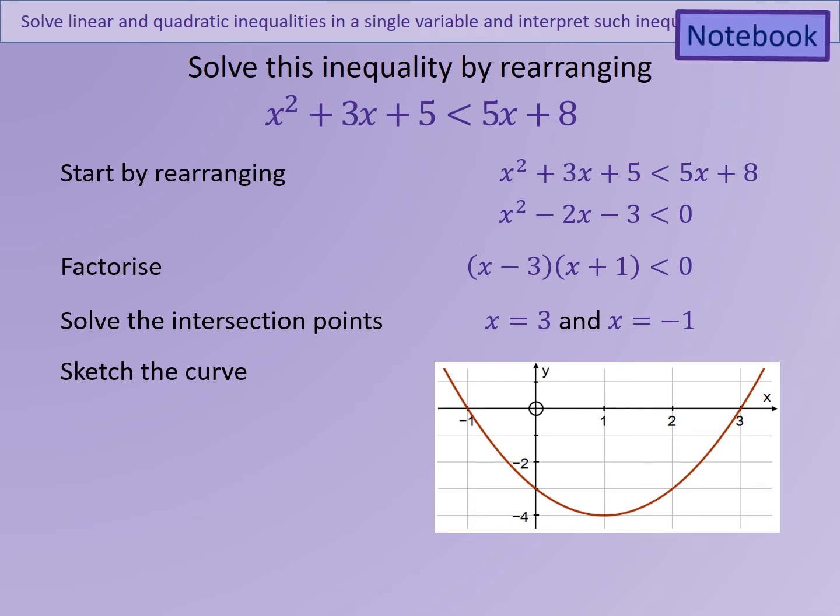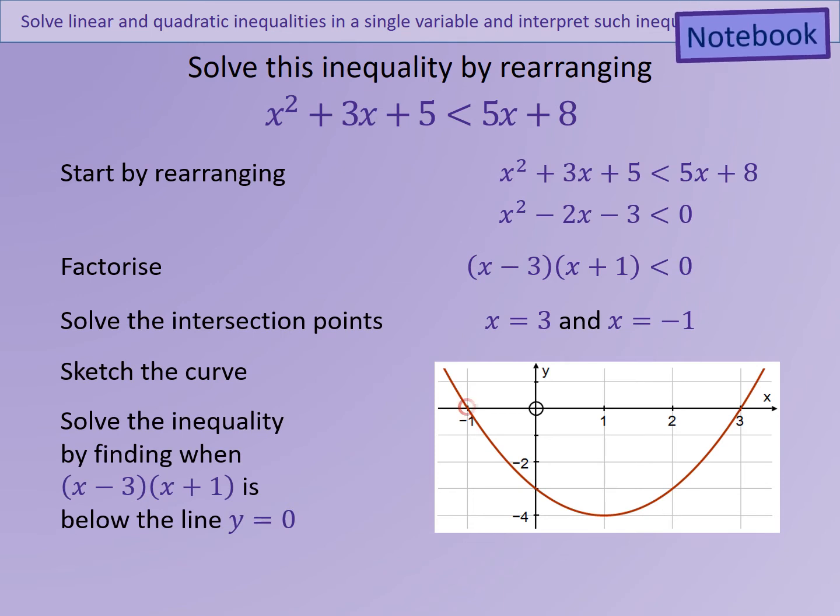The only thing I'm interested in now is going back to the inequality, x squared minus 2x minus 3, and looking to see whether it's less than 0 or greater than 0. Now my question is, where is this quadratic less than 0? Where is it below the x-axis? And I can see that all the points of x between -1 and 3 will give me a value that is less than 0, below the x-axis.